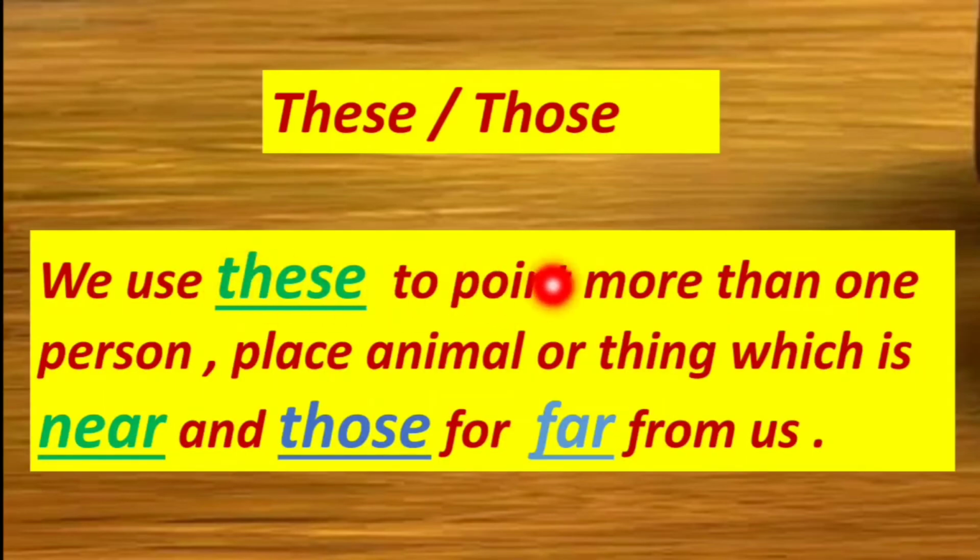Dear student, these and those. We use these to point more than one person, place, animal or thing or naming words which is near from us, and we will use those to point more than one person, place, animal or thing which are far from us. These for near, those for far. In this picture there are 4 dogs which are near from us.